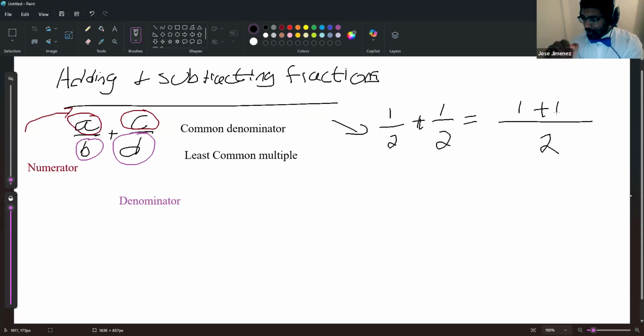I'm only going to deal with the numerator. As long as the denominators are the same, I can add across the top. Let that sink in for a bit. As long as the denominators are the same, I can add straight across the top.